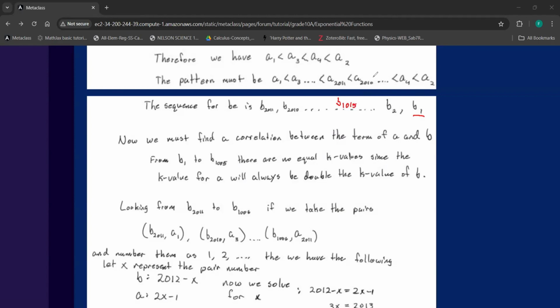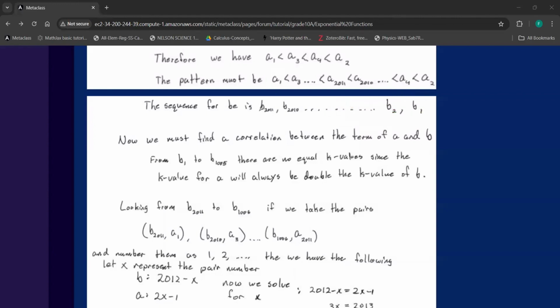For these terms, they will never equal the term for A. The reason is, when the term number is 1 for B, A is 2. When B is 2, A is 4. So all the term numbers for A will be twice the term number for B. So from here, all these term numbers will not work.